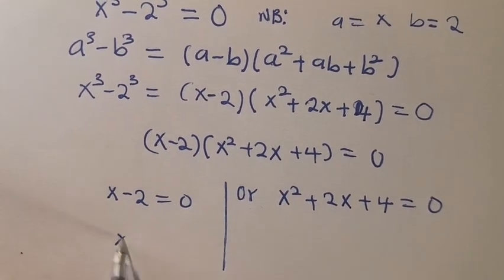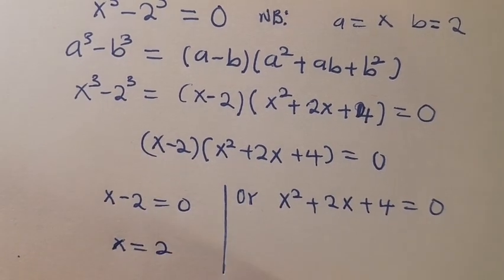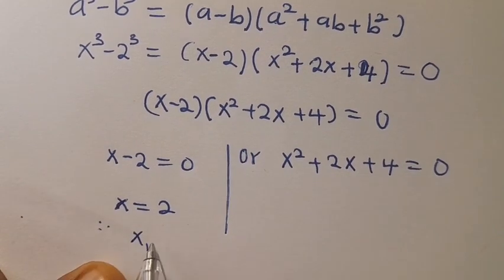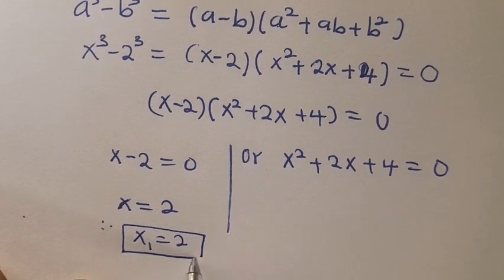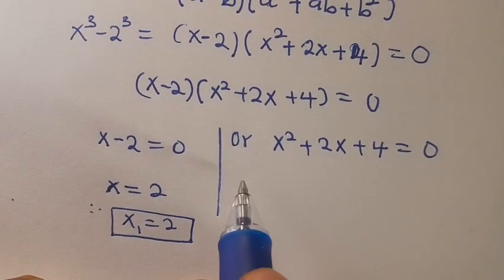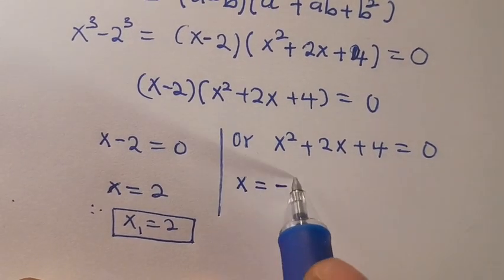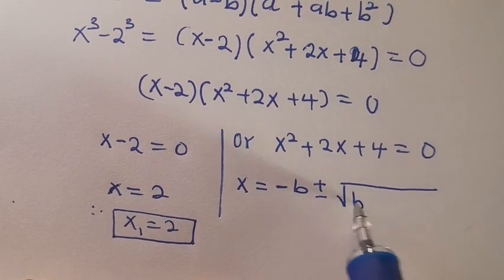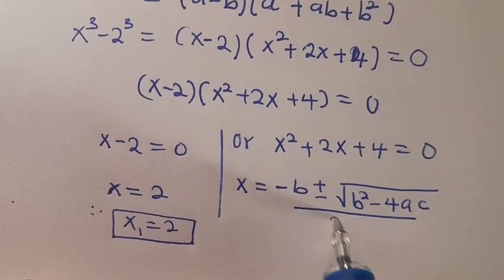So therefore we have x equals 2, and we can declare this to be x1 equals 2. Likewise guys, when you have x squared plus 2x plus 4, you can solve this using the quadratic formula to be minus b positive or negative square root of b squared minus 4ac divided by 2a.